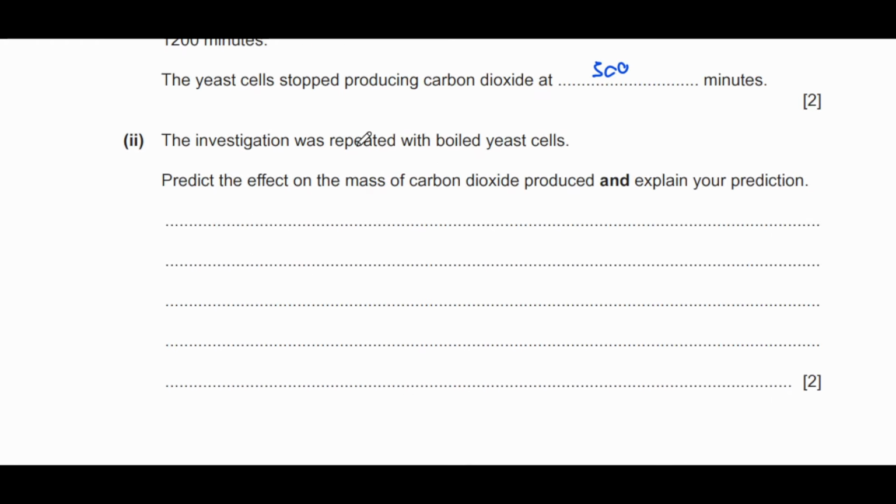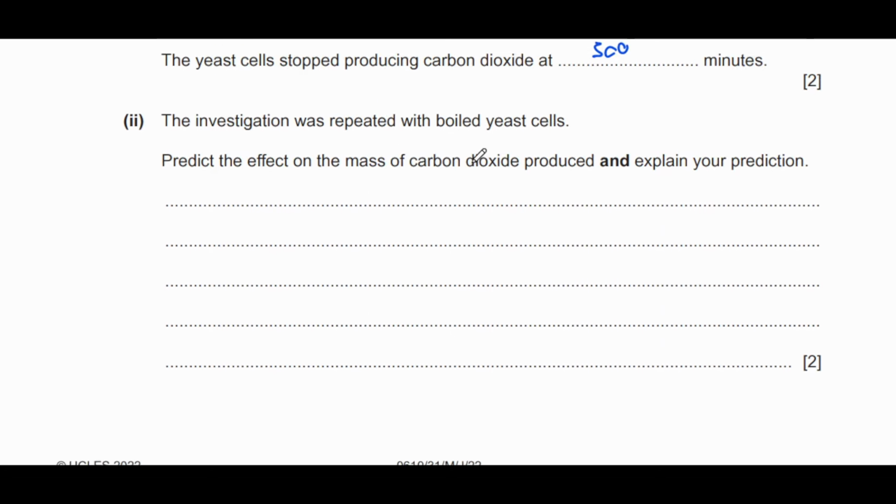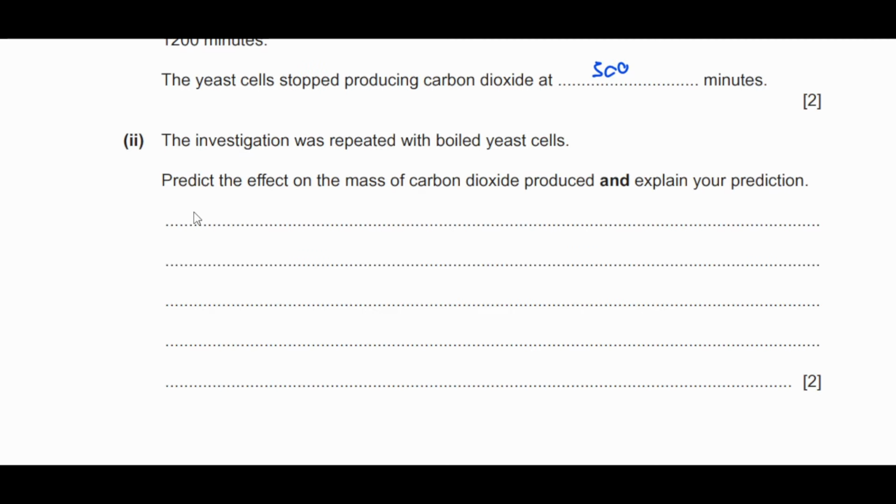The investigation was repeated with boiled yeast cells. Predict the effect on the mass of carbon dioxide produced and explain your reason. So the mass of carbon dioxide will decrease, or there will be no CO2 produced. Why? Because the yeast cells would have died.